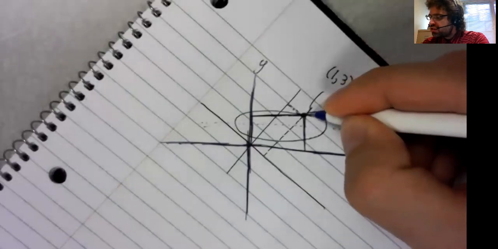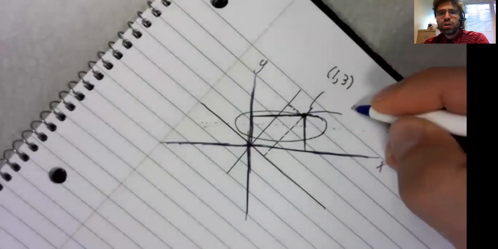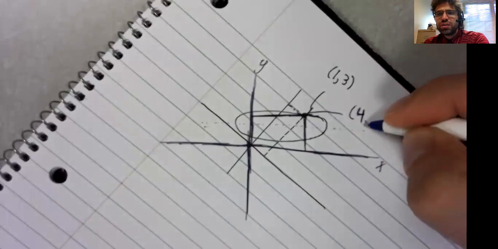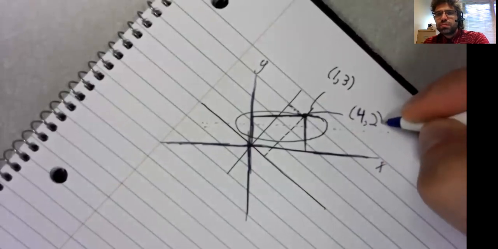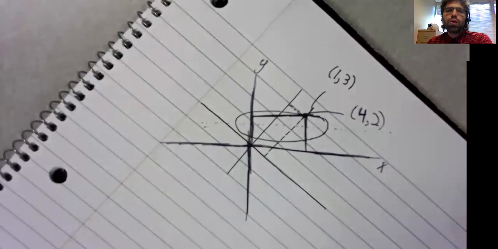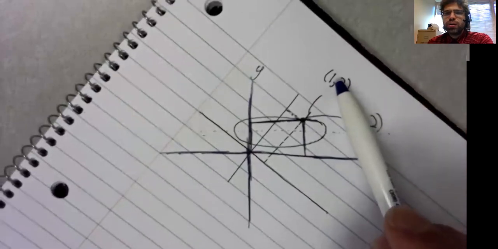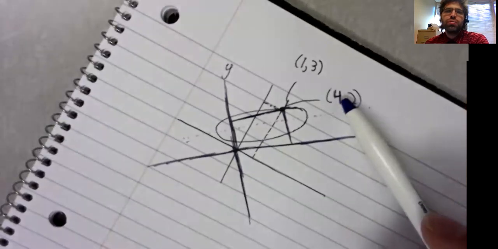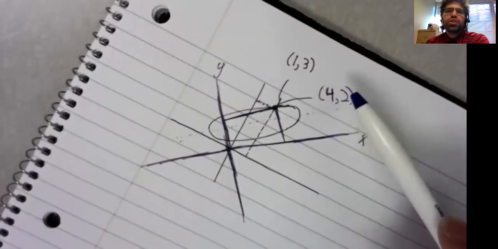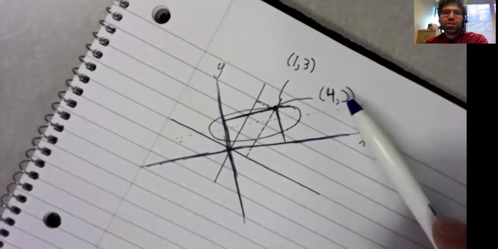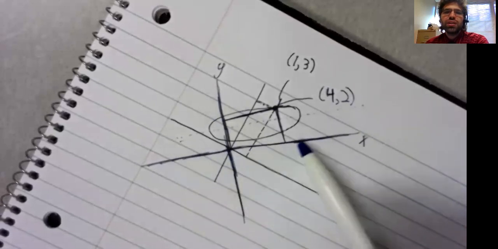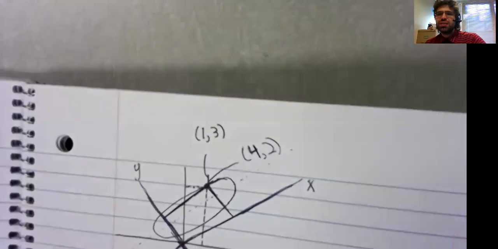In terms of this new x and y coordinate, this point is maybe 4, 2. So is it 1, 3 or 4, 2? There's no objective answer to that question. It depends on where we've chosen to put the axes.